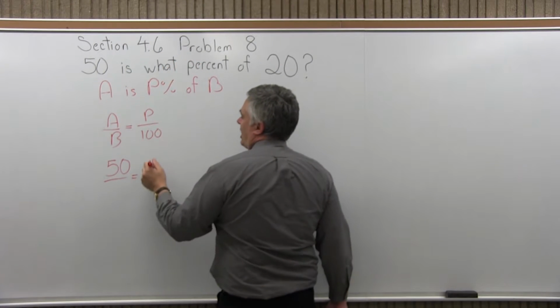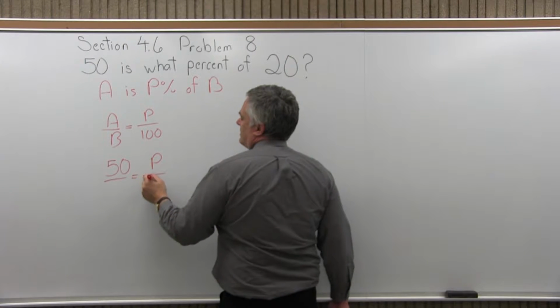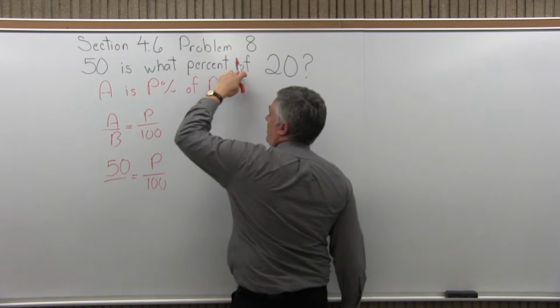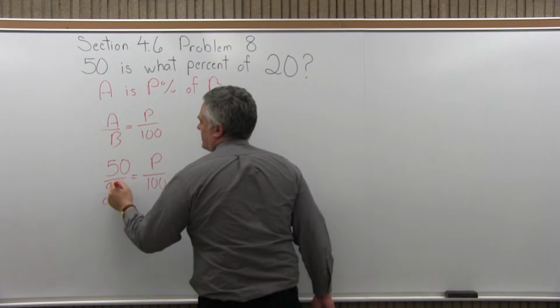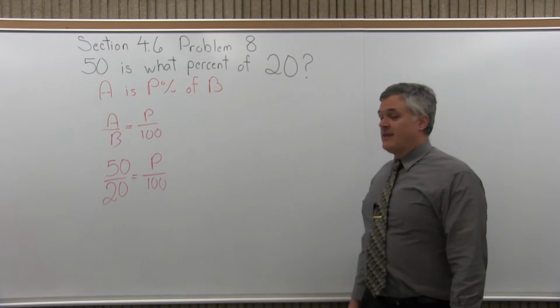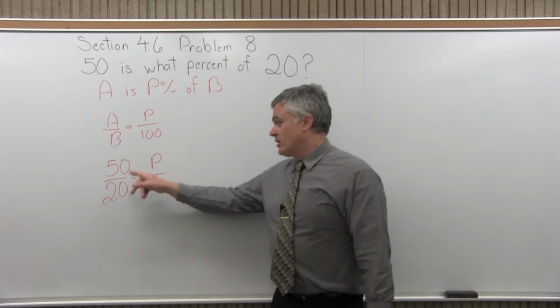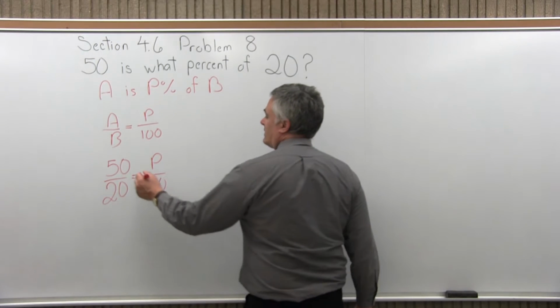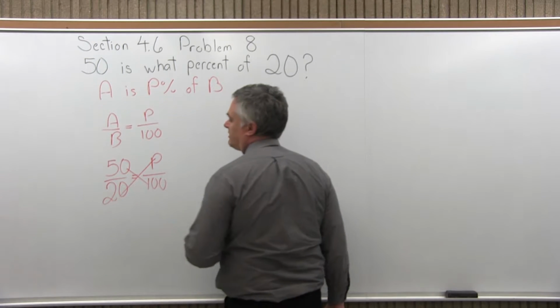So the percent is unknown. So P, and the percent really goes in as the 100. The what is the P of 20. 20 is the B. So now what we have is an equation with one unknown. It's one fraction equals another. That's our proportion. To solve it, we can cross multiply.